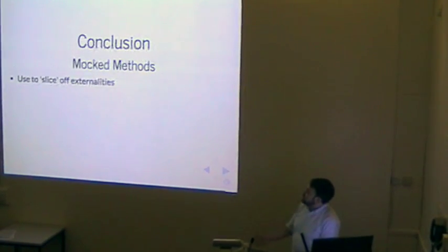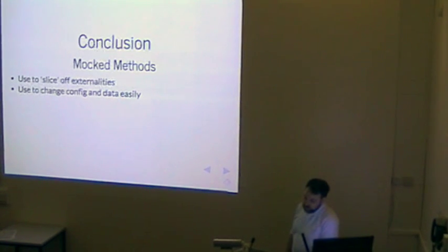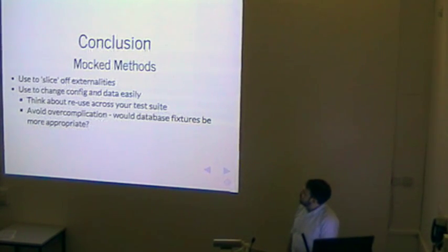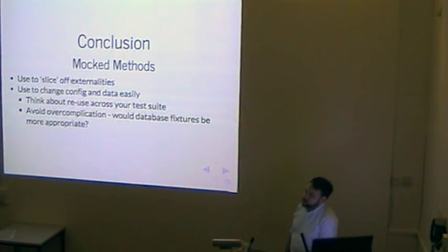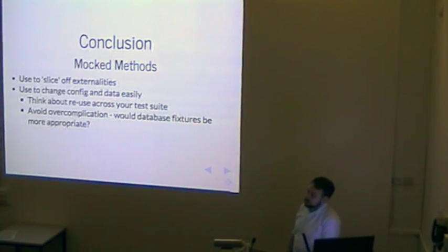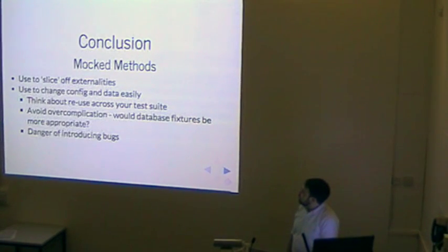Mock methods that try and slice off externalities. They're quite handy for changing config and data. Again, think about reuse across your test suite. On the other hand, sometimes just having a database fixture, just spending time to build a test database or having test data you can reuse might be more appropriate.